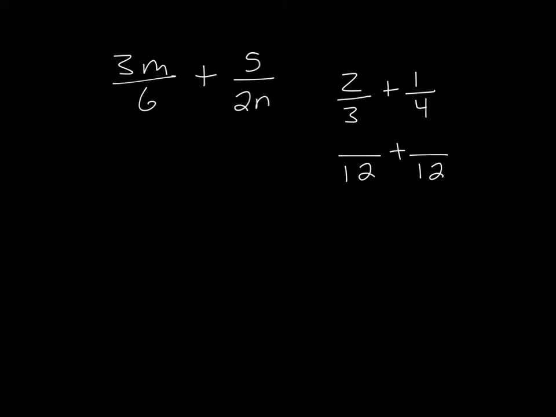And then, we can't just go around changing 3's to 12's and changing 4's to 12's. We have to think to ourselves, what did we multiply by to make this 3 into a 12, which is 4. So we have to multiply the numerator by 4. And so you have 8/12. And then over on the other side, we had to multiply by a 3 to get 12.